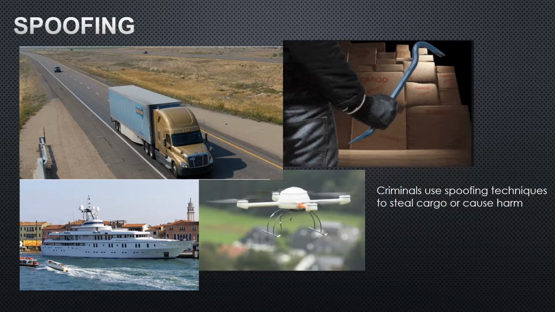Other activities of spoofing involve drones. That's how criminals are actually stealing drones and information off of them. And it's going to be extremely important for the trucking industry to figure out how to combat this as they continue to talk about going more towards driverless trucks.